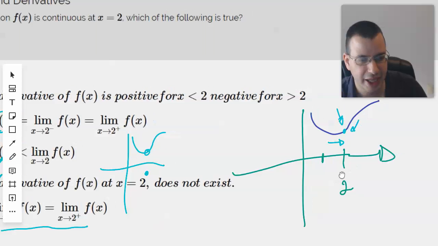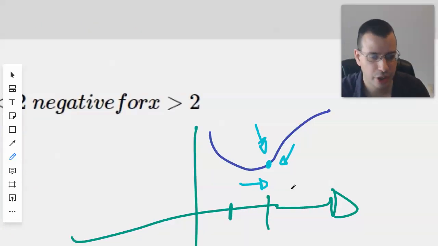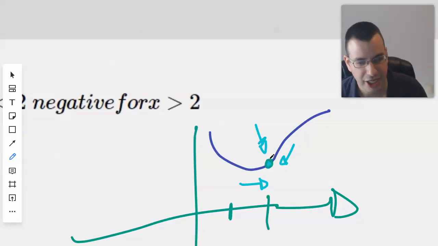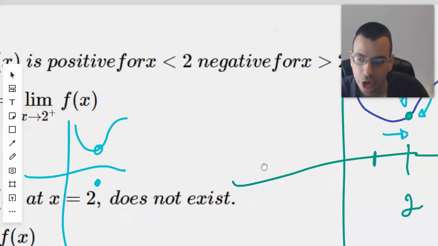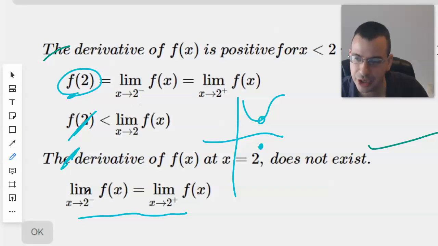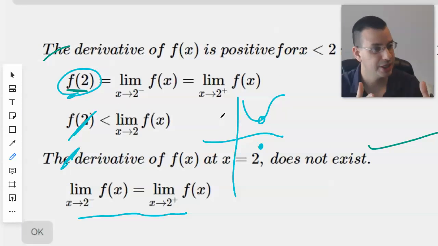So what that's saying is the same as the previous one, where you approach it from the left, you approach it from the right, but it's not saying anything about the actual value of f of 2. So the difference between this one and that one is this one just includes that extra value, saying that that dot has to be in there.